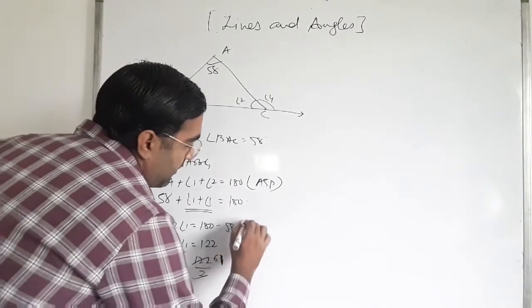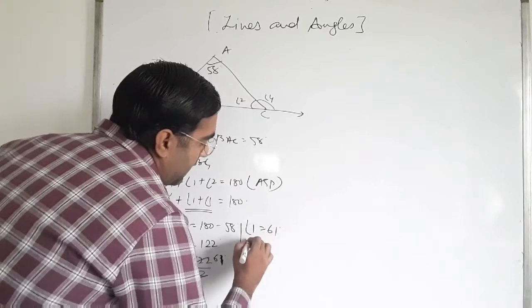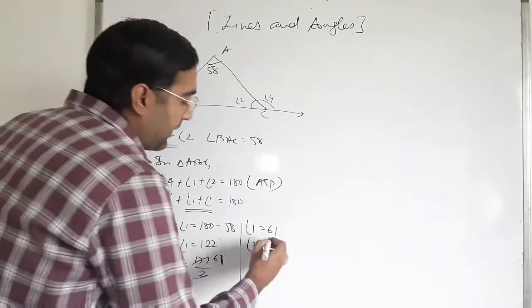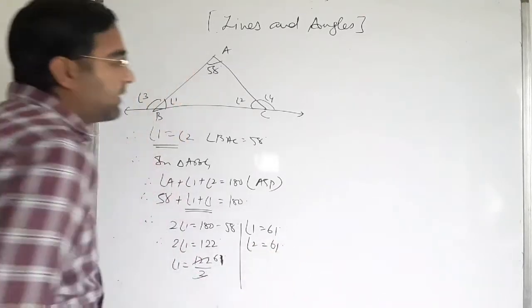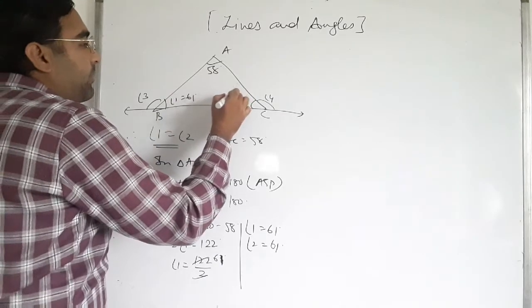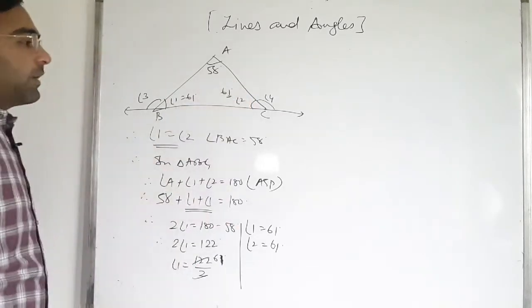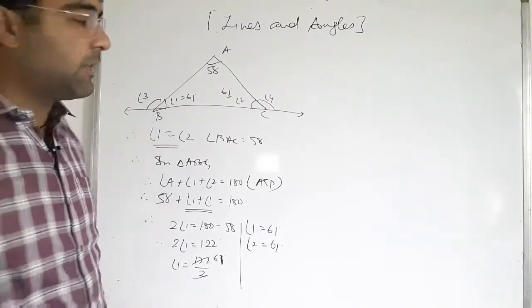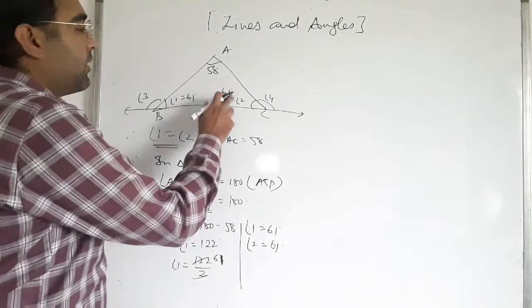Therefore angle 1 is equal to 61 degrees, and since angle 1 and 2 are equal, angle 2 is also 61 degrees. Both of these angles are 61 degrees.